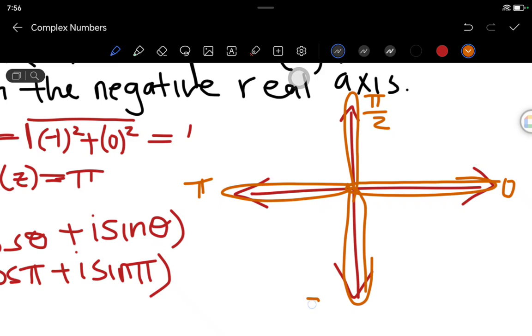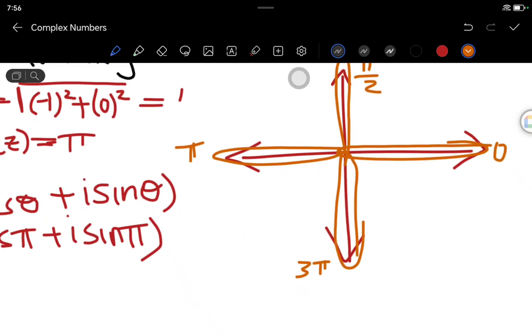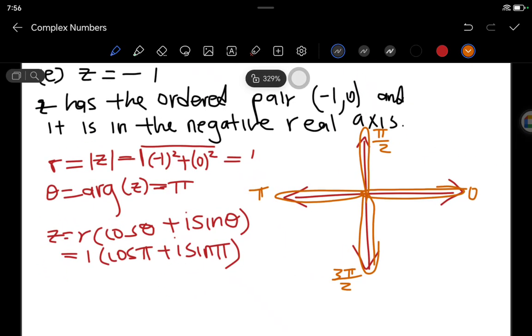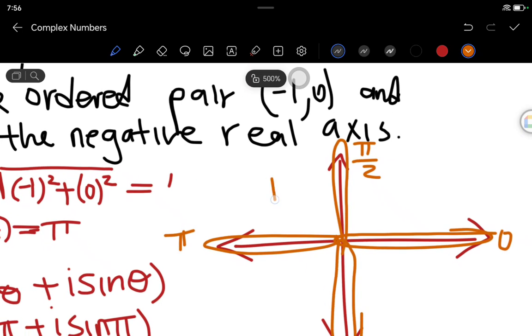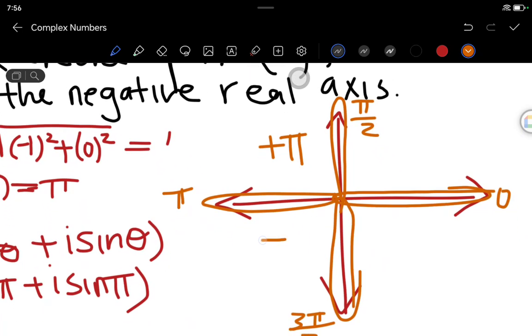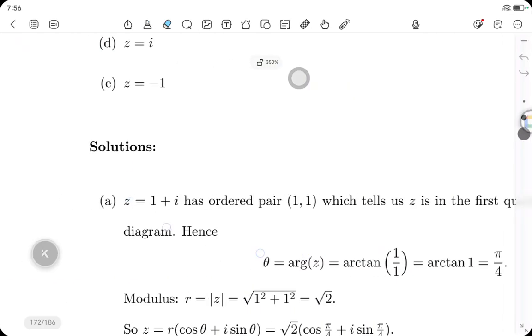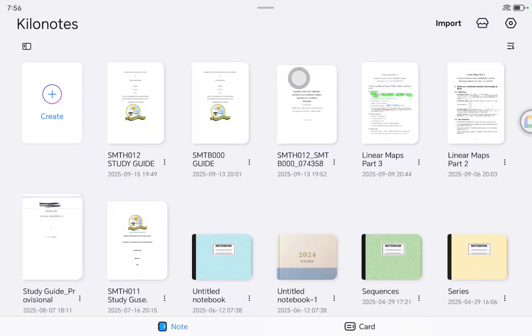So another question. When am I supposed to subtract pi and when am I supposed to add pi? You're going to add pi when you're in the second quadrant. Then when you're in the third quadrant, you subtract. I think the information is here. We can look at it somewhere. Let me just go to it first.